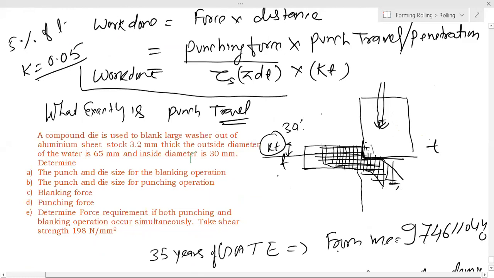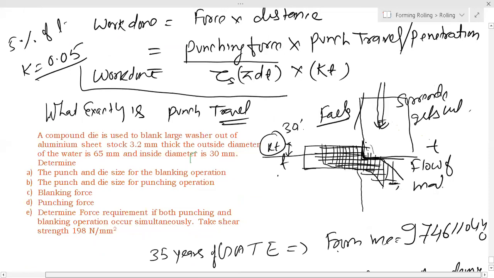And when the material fails or surrenders, it gets cut. So basically, flow of material starts at 20% and 30%. No need to penetrate fully. That is the thing.